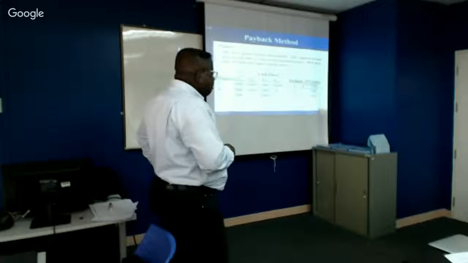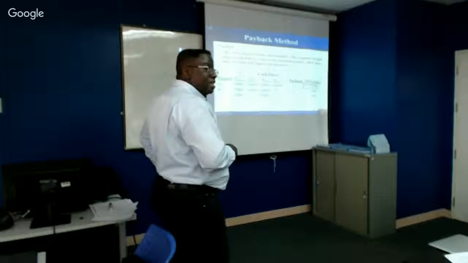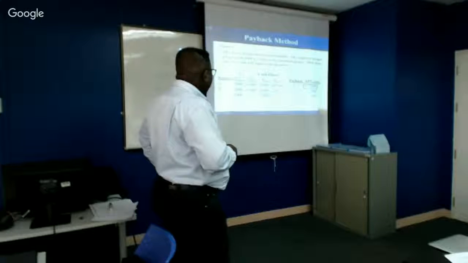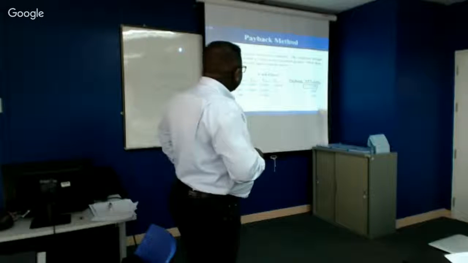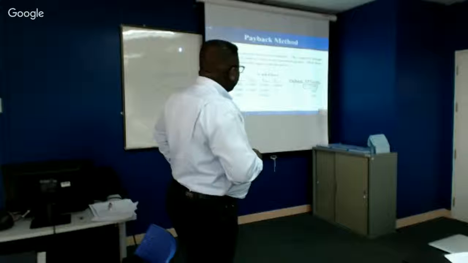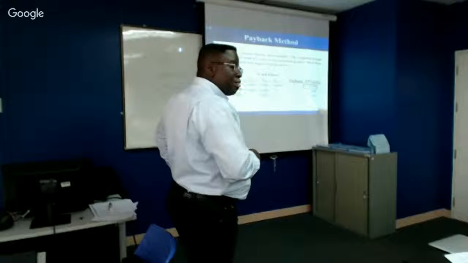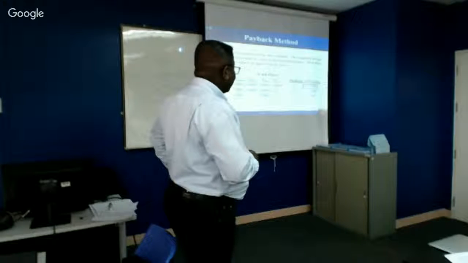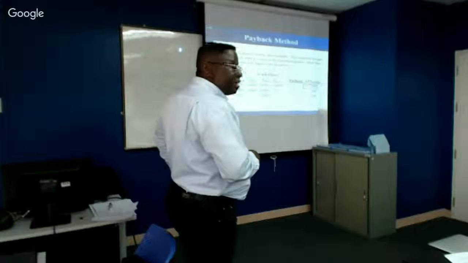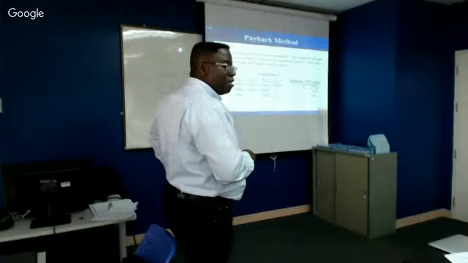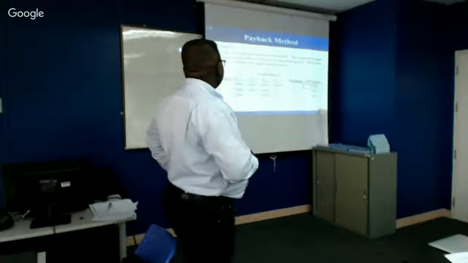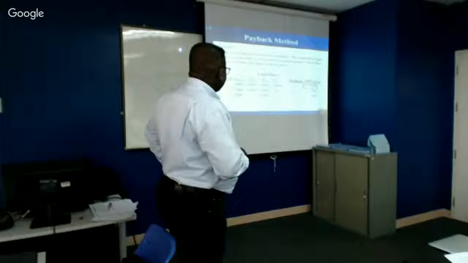Year 2 inflow is 1,000. Year 3 inflow is 10,000. You understand? 10,000. Now, according to the discount rate of 10%, look at the net present value, 7,249.